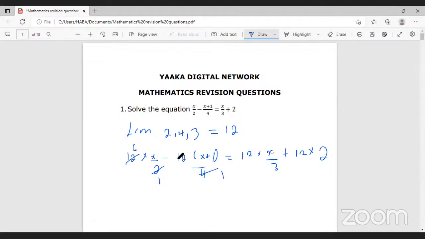This is 1, this is 3, here is 4. So 6 times x is 6x. Then 3 times x plus 12 times 2, 24.